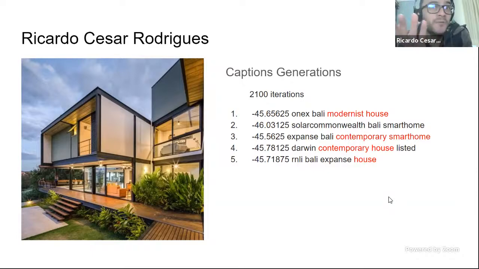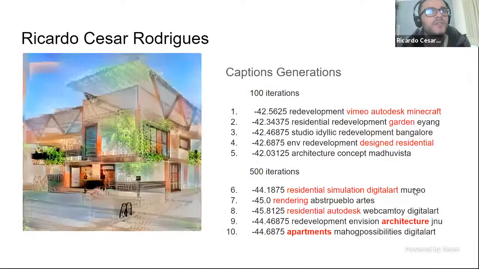It recognizes it as Bali because that's a Brazilian house, but maybe it has some relation with the Bali data set. I don't know.